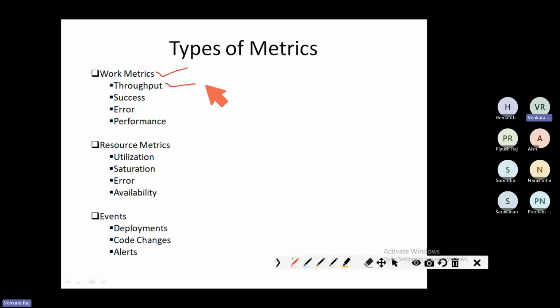Who can tell me what is throughput, guys? Throughput is basically the measurement of the output of the system: the transactions processed per second, per minute, per hour. So they are our throughput.